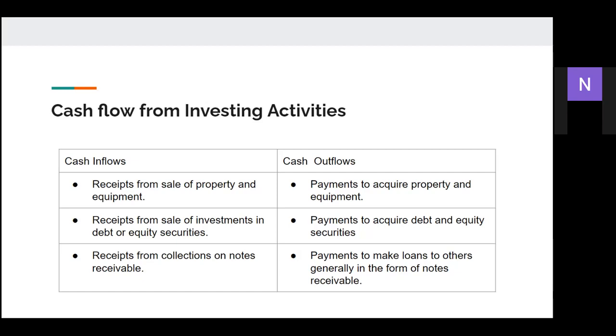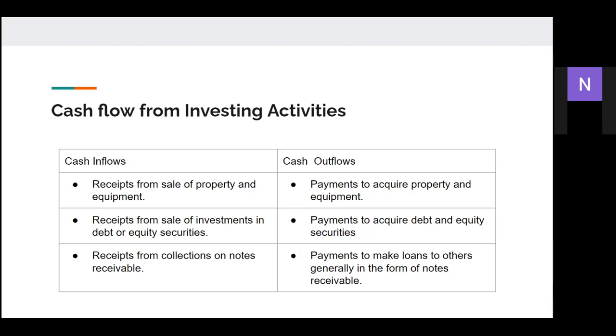Anong babalik sa'yo? Syempre, pag magpapautang ka, may interest na babalik. Yung initial amount na pinautang mo, mas malaki yung babalik nun sa'yo. So, yun na yung sa inflows. And yung sa outflows naman, payments for debt and equity securities. Parang mas to sa corporation talaga.